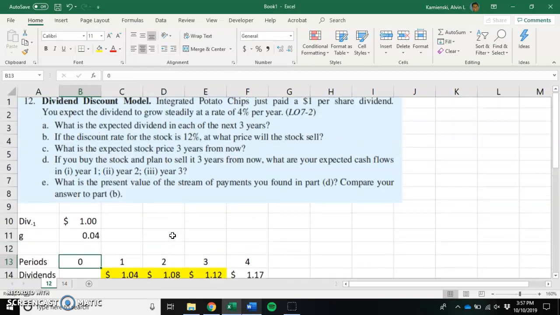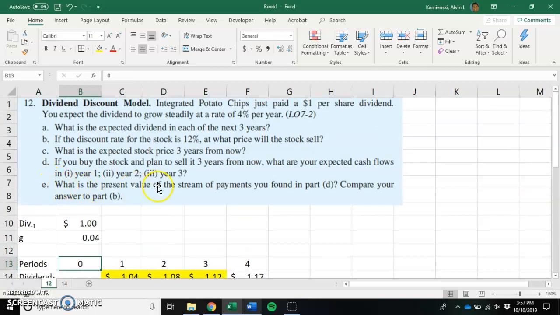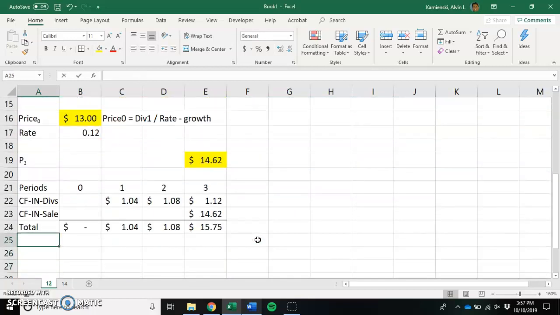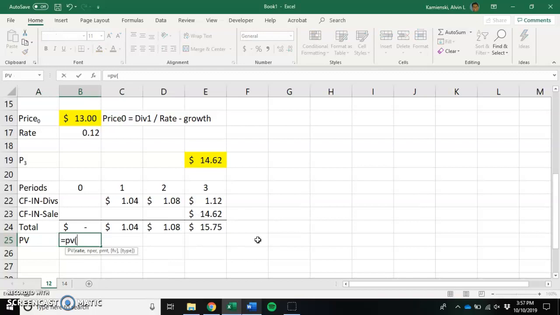With that in mind, it asks, what is the present value of the stream of payments you found in part one? Like we have done previously, let's use those cash flows to calculate the present value at a rate that won't change. So we put the dollar signs or F4 on the rate. Right now you would get no payment. How would that apply to the next period?